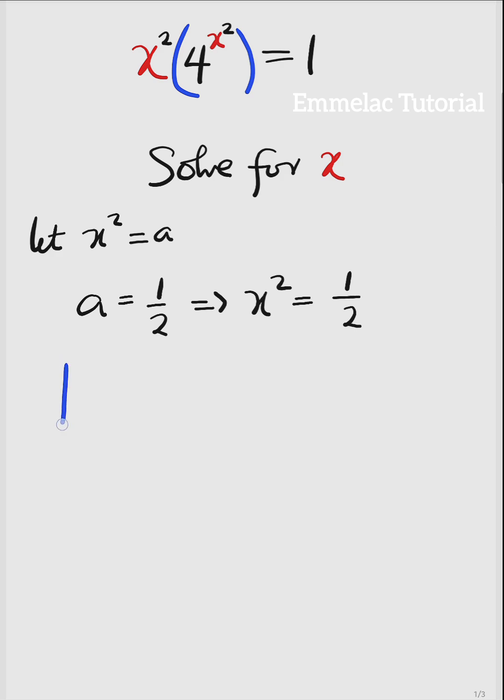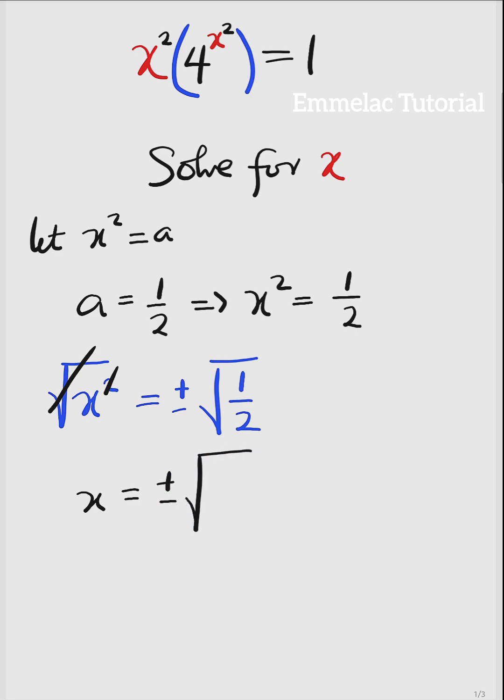So this becomes the square root of x raised to 2 equals plus or minus the square root of 1 over 2. This clears off this, so x equals plus or minus the square root of 1 over 2.